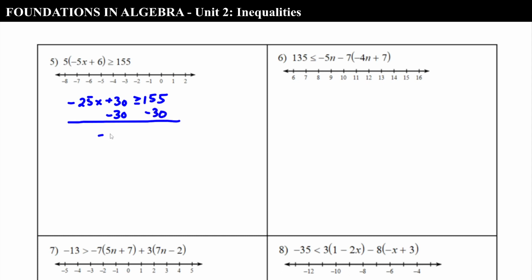And that's going to give us negative 25x is greater than or equal to 125. And then we divide each side by negative 25. And when we do that, we remember we have to flip our inequality, and we get negative 5. So, closed dot at negative 5, and we're plotting to the left.